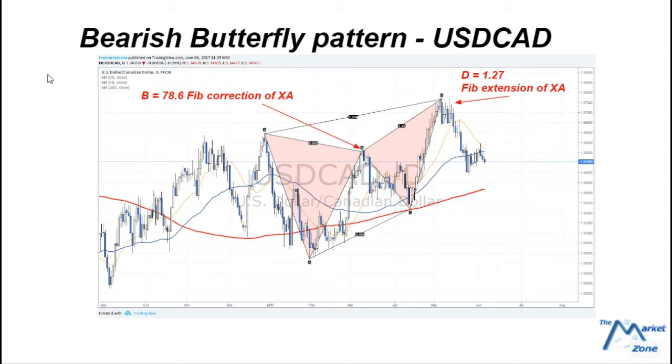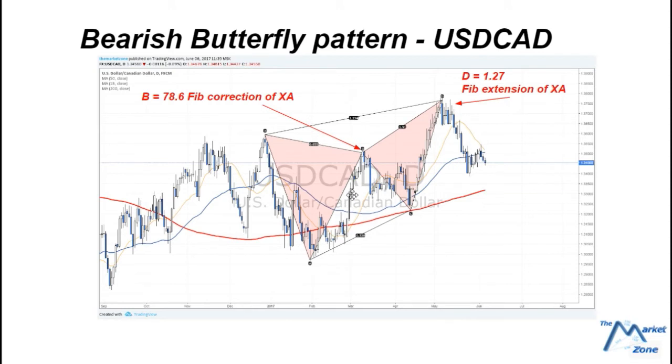The key elements that make a butterfly pattern are B, near the 78.6 Fib correction of XA. Here it's an 85, just above the 78.6. And the D point is a Fibonacci extension level of the same XA, a 127 extension of X to A. These are the key parameters that make a butterfly pattern.